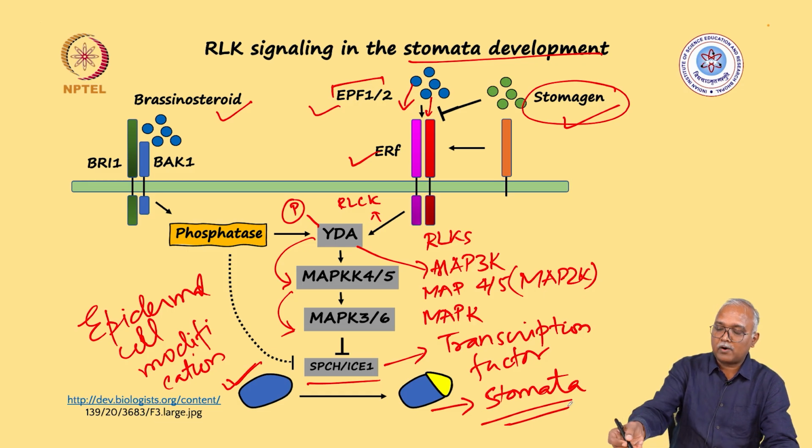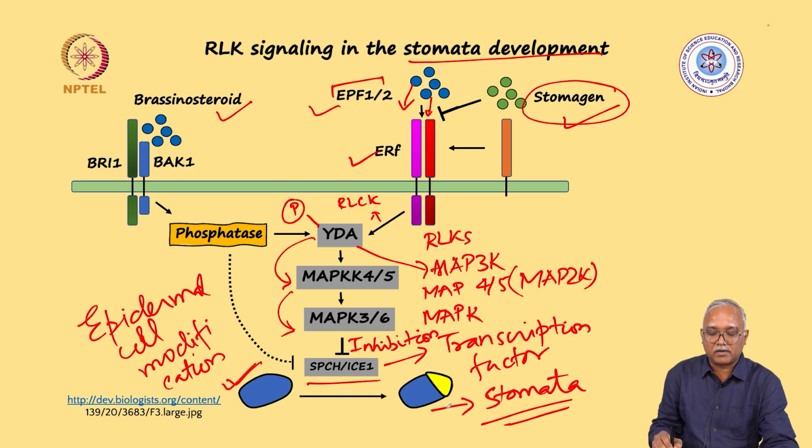But if there is overwhelming stomagen, it will inhibit this signaling. What it will do, inhibition of this signaling, meaning that this inhibition on the transcription factor is lost, because activation of MAPK 3-6 was inhibiting this transcription factor, which should have promoted the stomata formation.